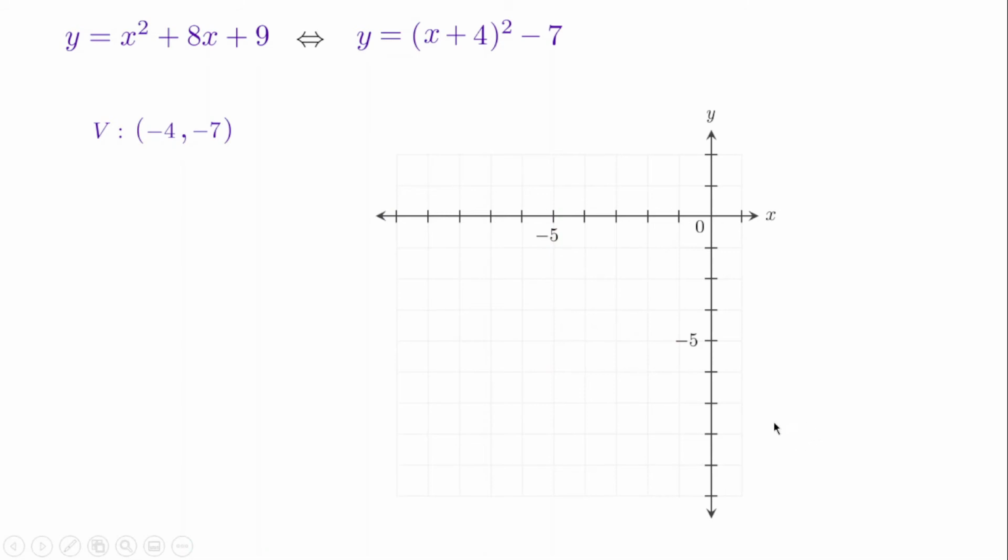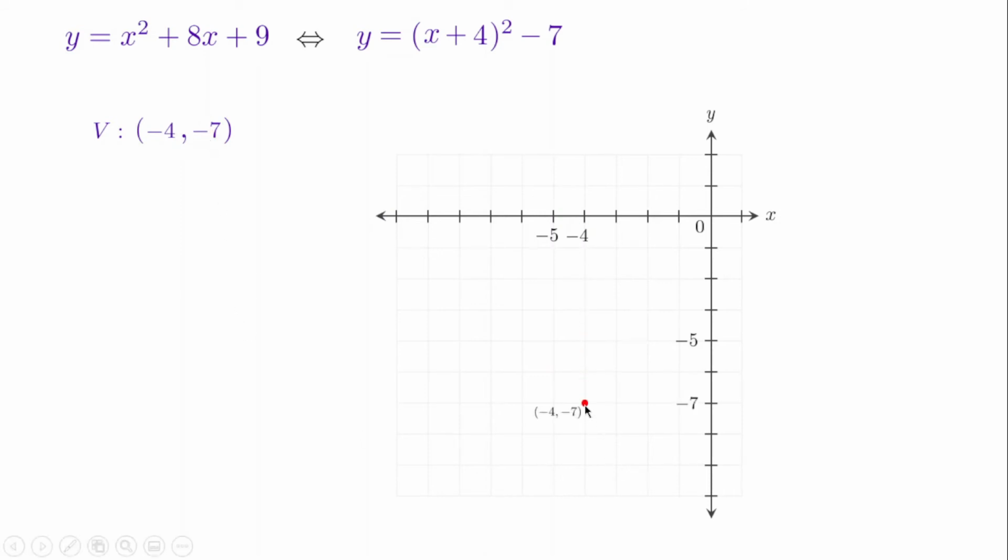Alright? So we need a negative 4 in the x-axis. That's why our graph looks like this. So plot the vertex negative 4, negative 7. So we locate negative 4 in the x-axis, and then the y value is negative 7. So move 7 units downward.